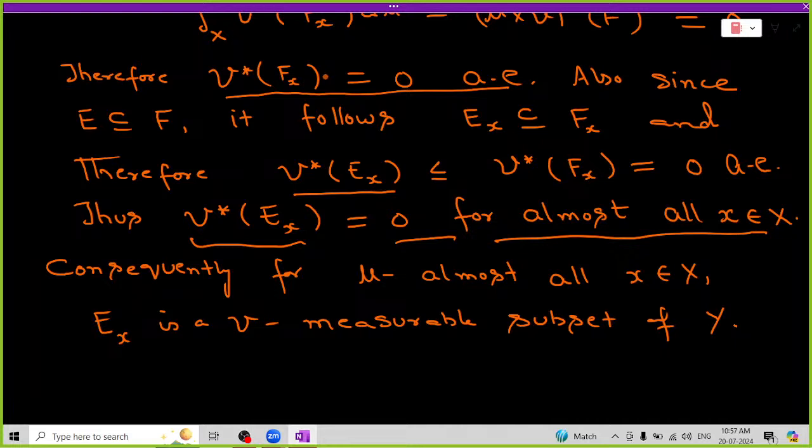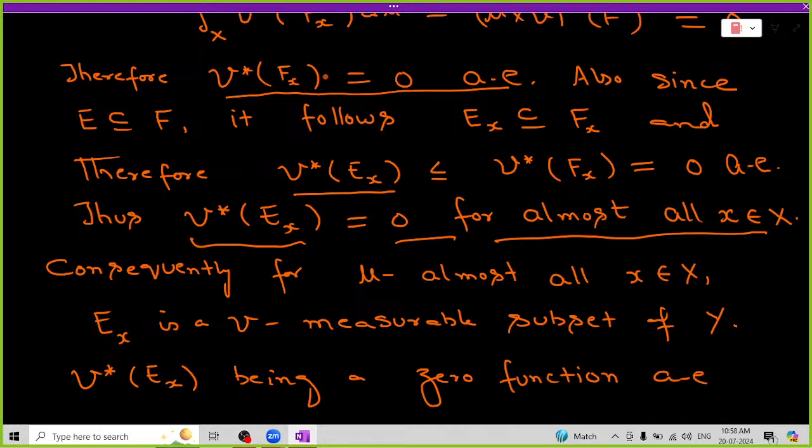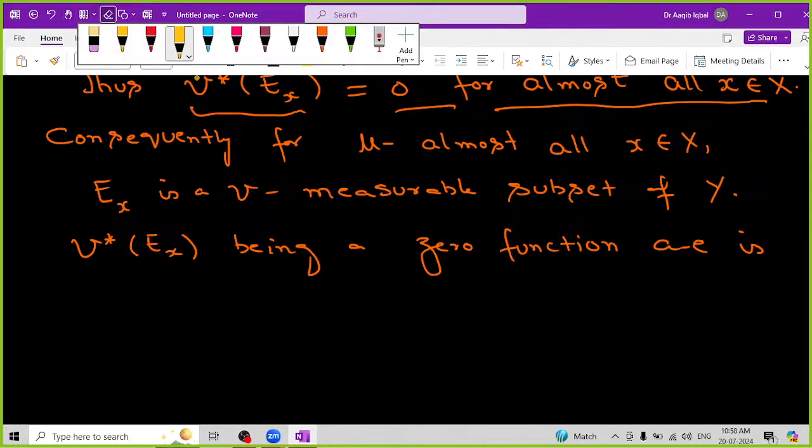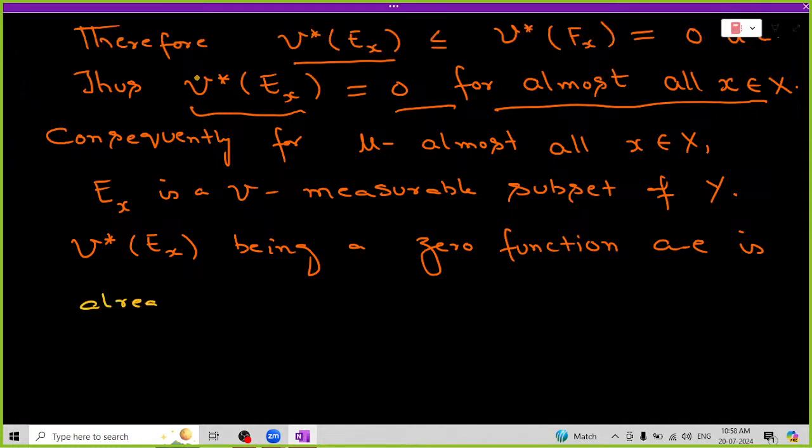I am writing this: nu star of E sub x, being a 0 function almost everywhere, is already integrable. So integrability is also done.